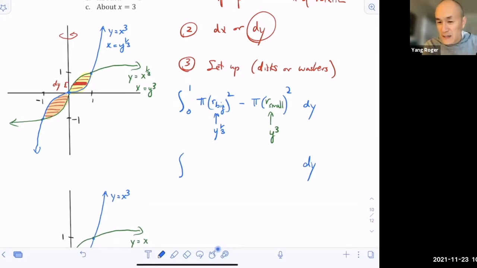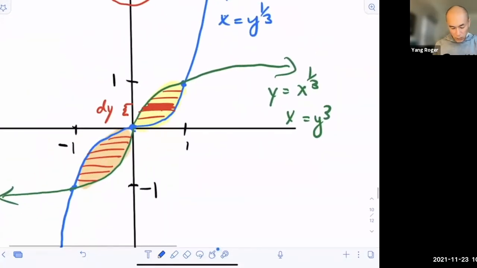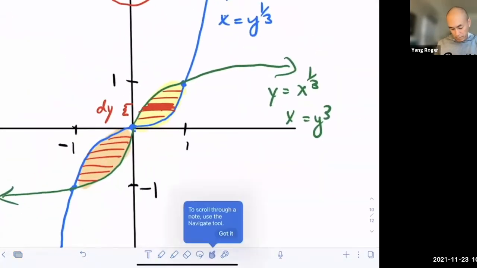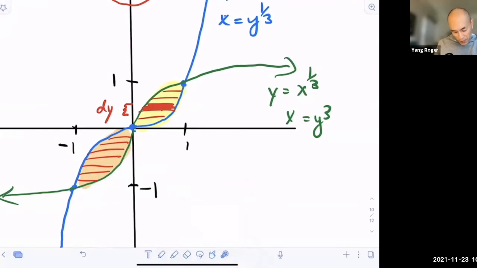A student asks, why is the green graph the small one? So when you look at this, the small radius goes from the axis of rotation to the first graph. And can you see how the first graph that I hit is the green one?